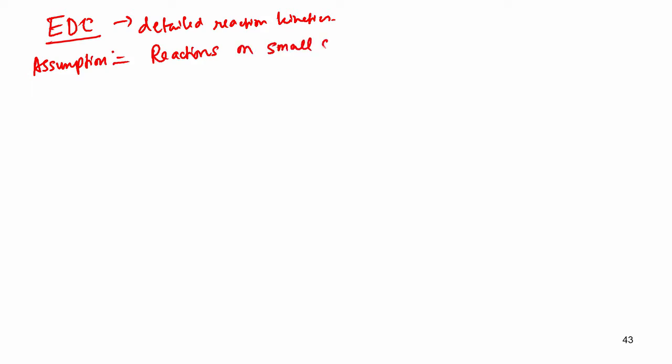Reactions happen on small scales, and the small scale is what we represent by star, which is a fine scale, and the reaction length scale is given by zeta star. This is a constant.